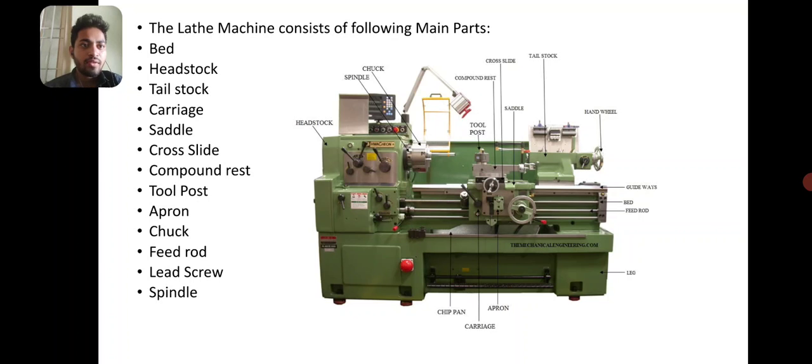The workpiece is rotated with the help of the spindle. The workpiece is tightly held in the headstock by means of jaws. There are different types of jaws: 3-jaw chuck, 4-jaw chuck, and many others which are used to hold the workpiece tightly.